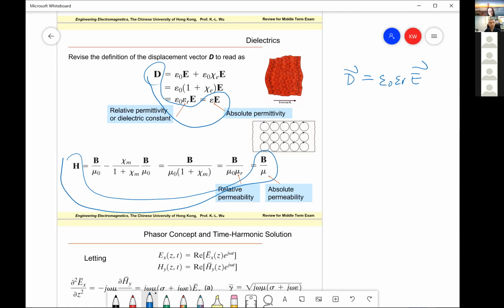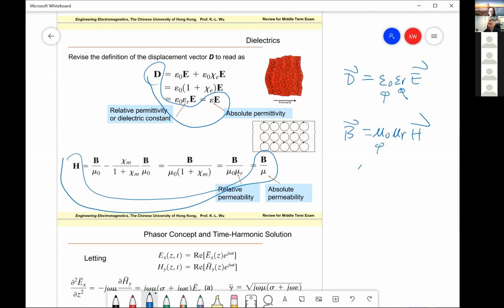The absolute permittivity in free space is a constant, but this is not; this is what we call relative permittivity. The same for B, we have the permeability and a relative permeability.